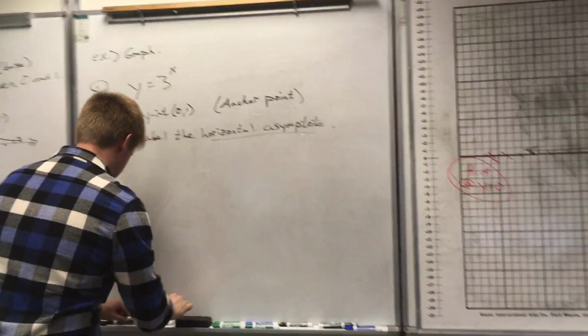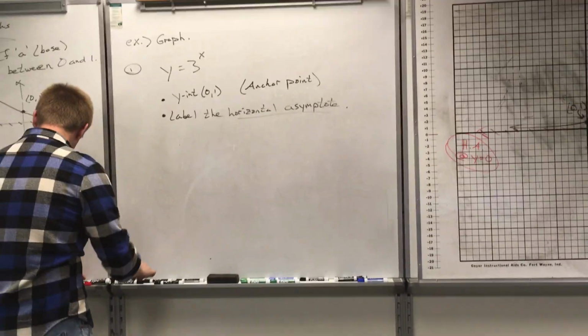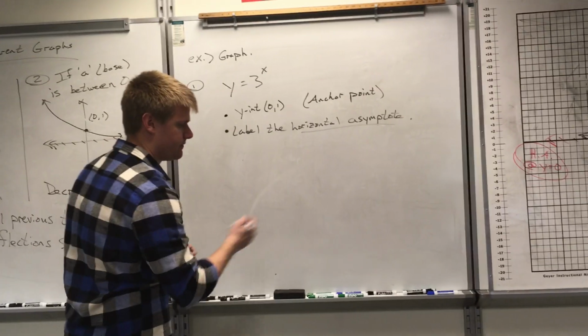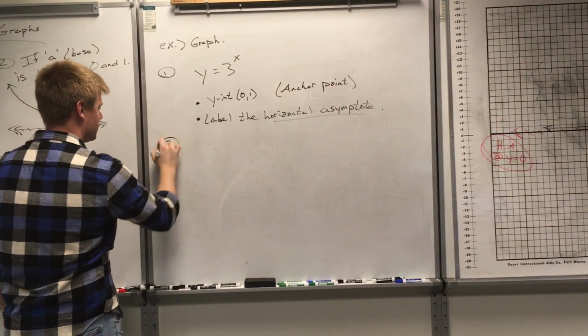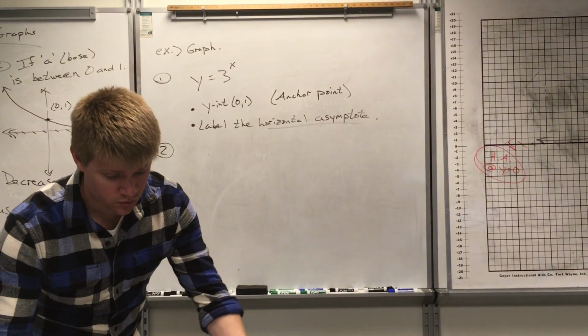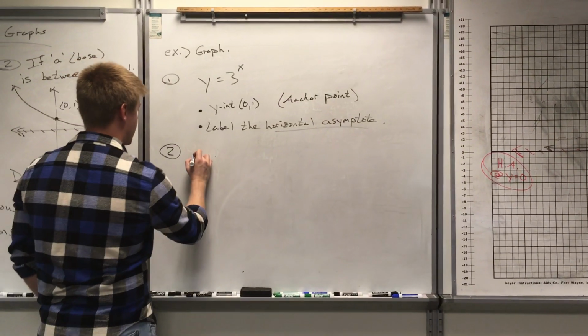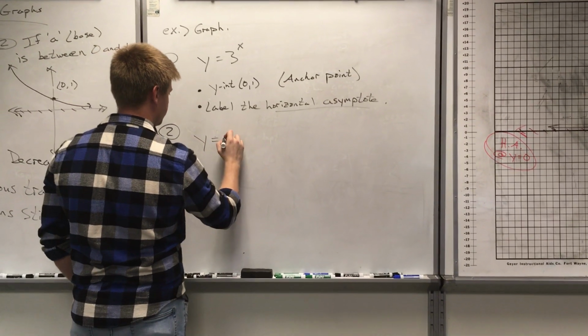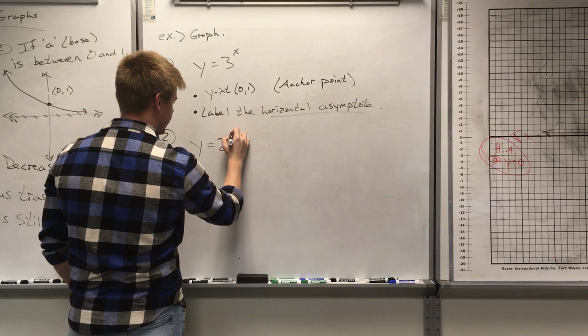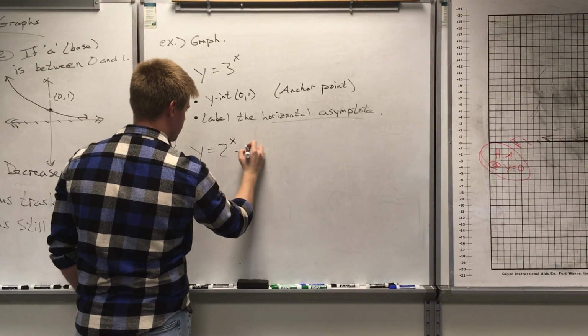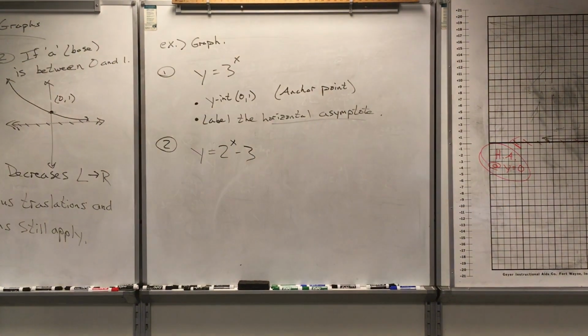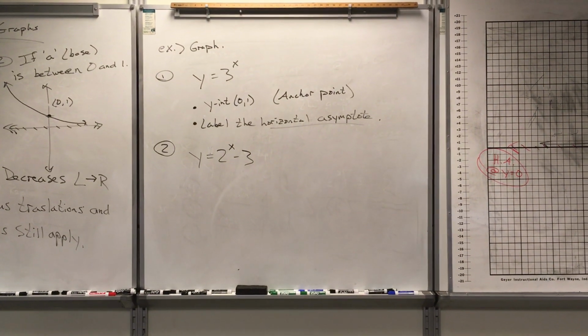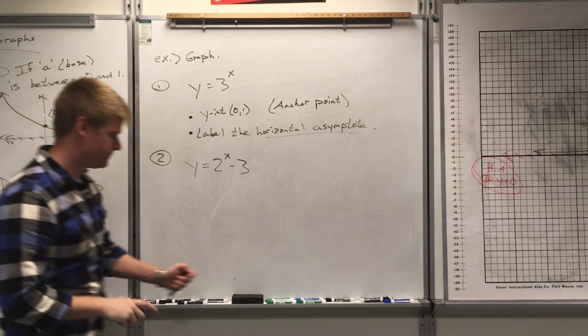Okay, so that's the first one. That's what a parent graph would look like. Let us now take a look at some of these translations and involve those. So the next one we're going to do is y is equal to 2 to the x minus 3. So y is equal to 2 to the x minus 3.